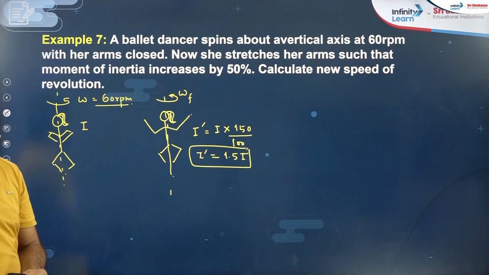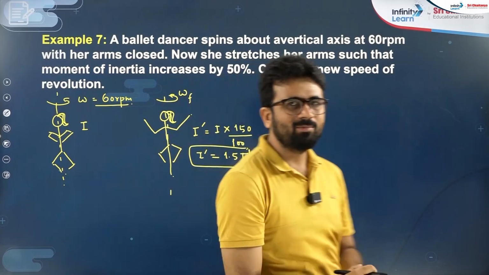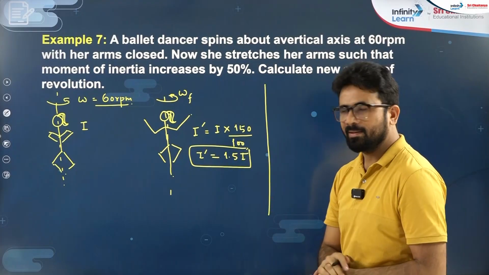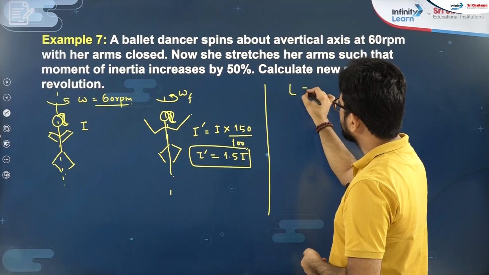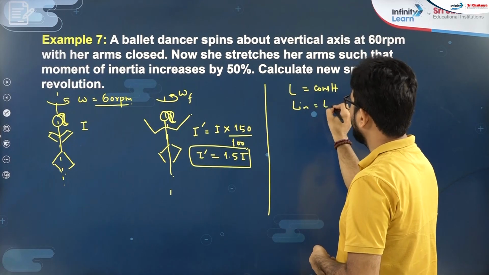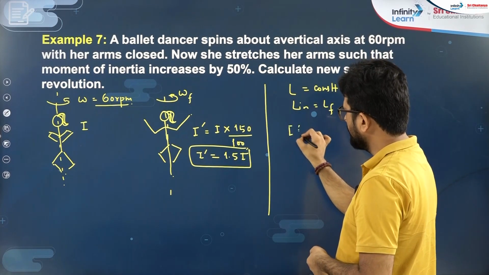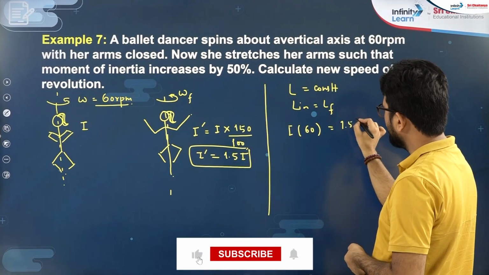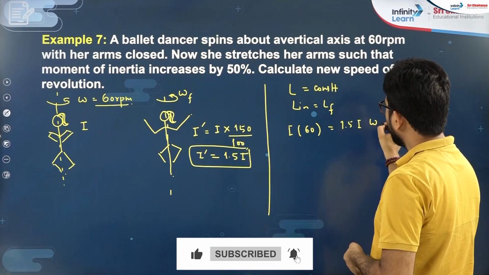Now we have to calculate omega final. Just do the same thing, conservation of angular momentum. Now you are habitual to that part because no external torque is applied. So directly you can say L is constant, or L initial is equal to L final. I into 60 rpm is equal to 1.5 I into omega final.